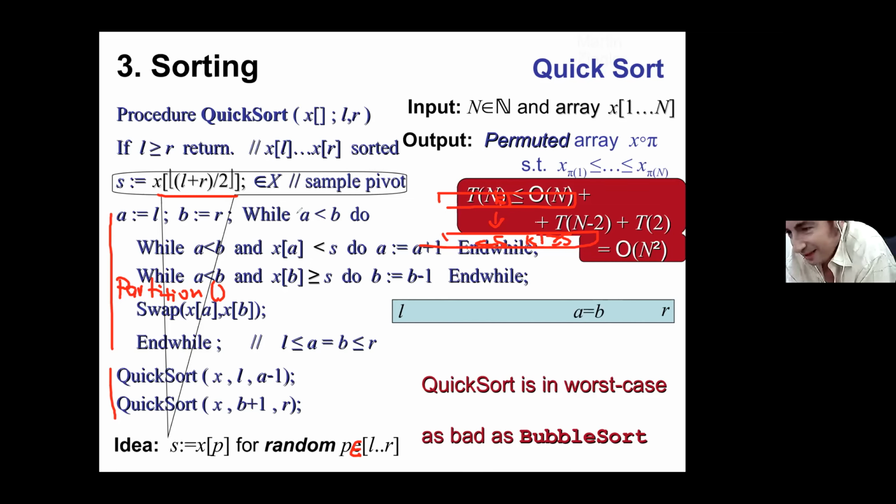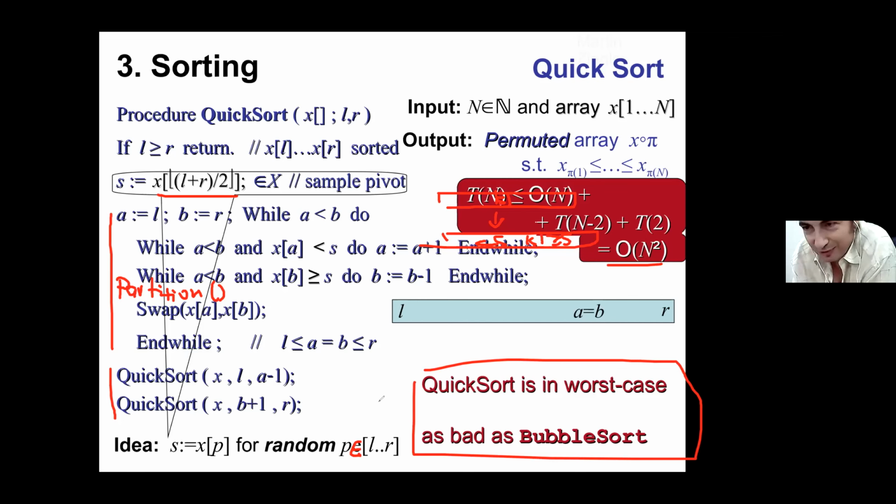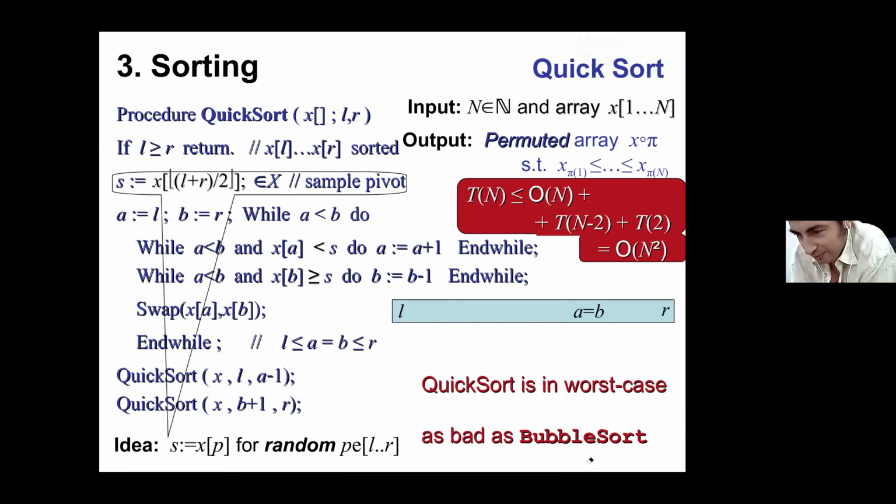But this will be fine maybe for average performance, but for worst case performance, you always have this problem. So this means that in the worst case, QuickSort is as bad as the bubble sort. So if you have no control on the quality of the pivot element chosen, you have this problem.